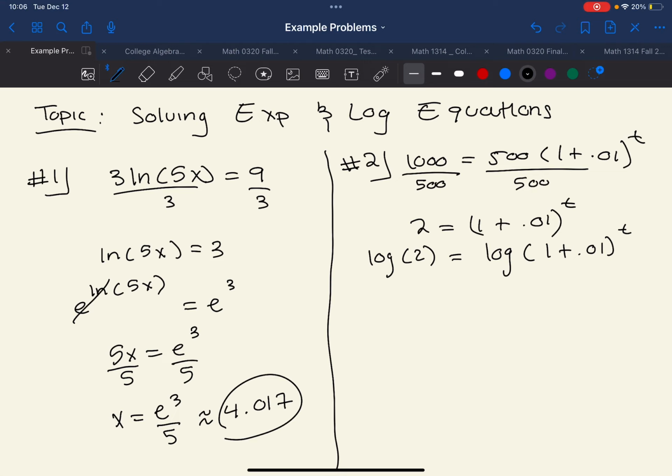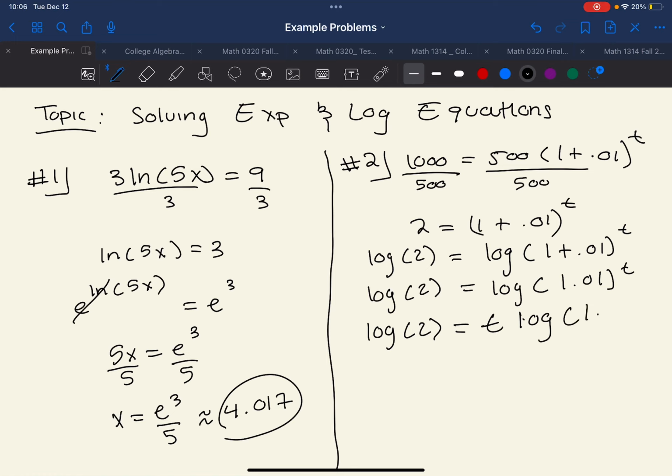We can simplify the parentheses of that 1 plus 0.01 into 1.01. So log of 2 is equal to log of 1.01 to the t. And now what we can do is move that t to the front of the log. So we have log of 2 is equal to t log of 1.01.